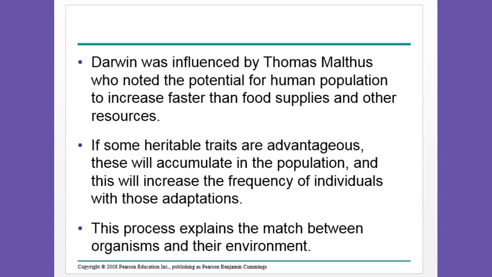This process explains the match between organisms and their environment. If an organism is not suited to that environment, it will not survive and it will not thrive in that environment. If the organism is suited to their environment, the better chance they have to survive to reproductive years, and the better chance they will have to not only survive but thrive.